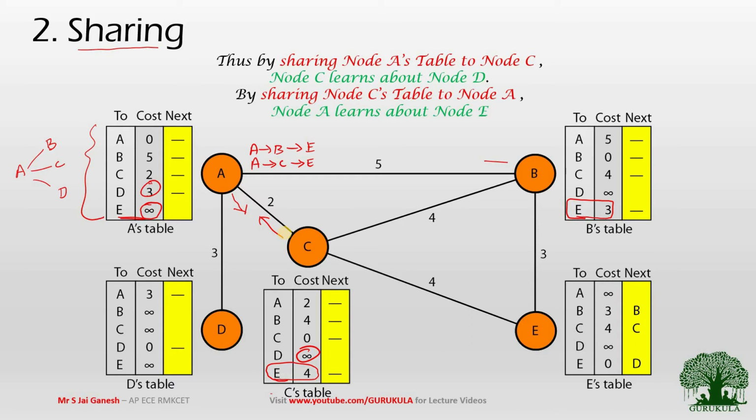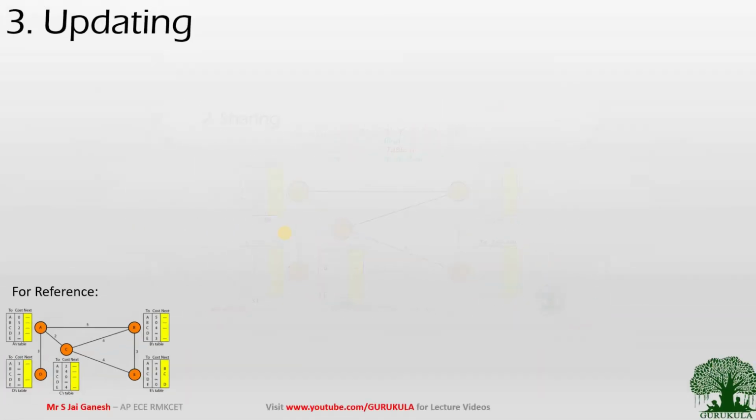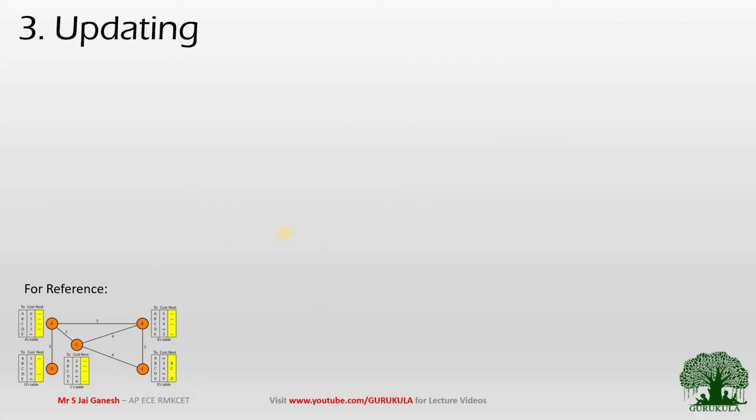Thus by sharing, node A can share its table with node C, so that C will come to know about the route that is available to reach node D via node A. Similarly, while receiving an update table from C, node A will come to know about the route by which node E can be reached. So now let us see how the updated table will look.